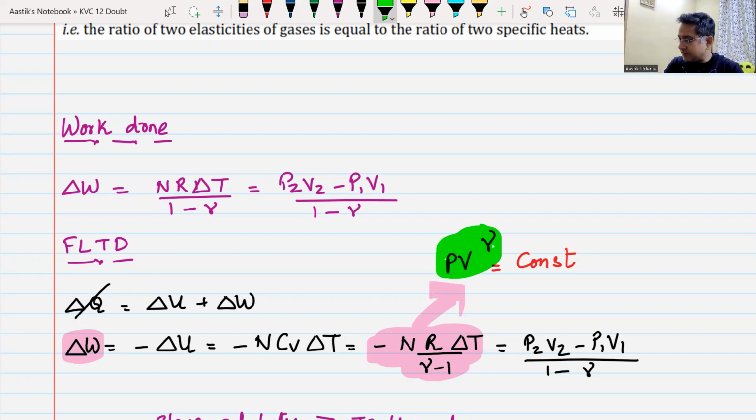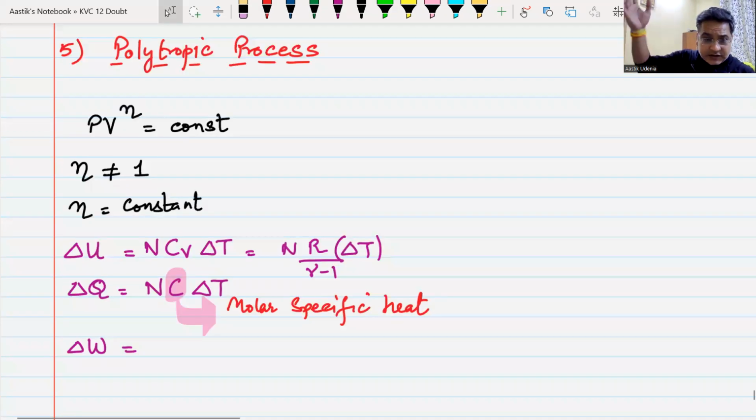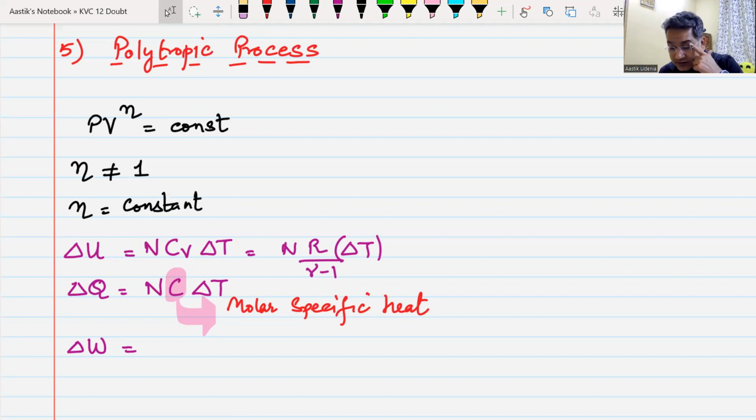Can you take some inspiration from that previous one and tell me what will be the work done in this process? When the formula was PV raised to the power gamma equal to constant, you know the work done. Now you have PV raised to the power eta is constant. Can you tell me the value of work done in this process?